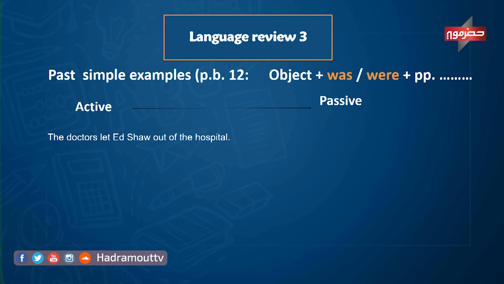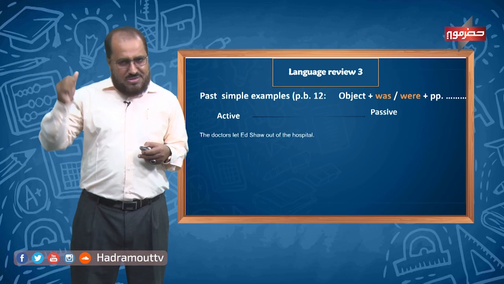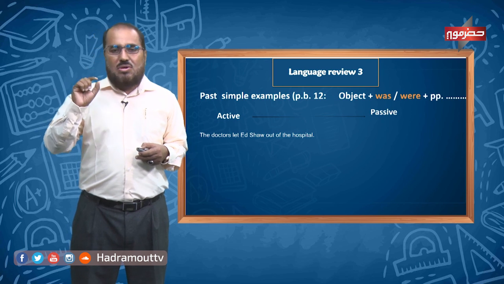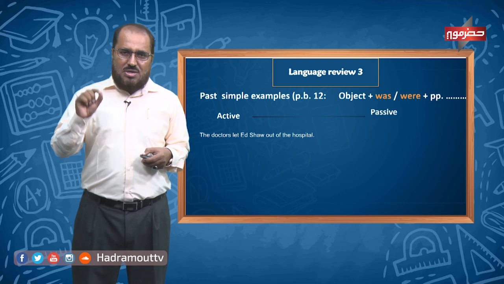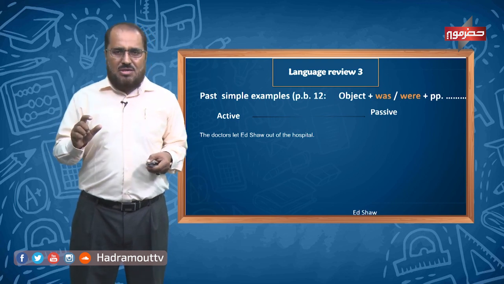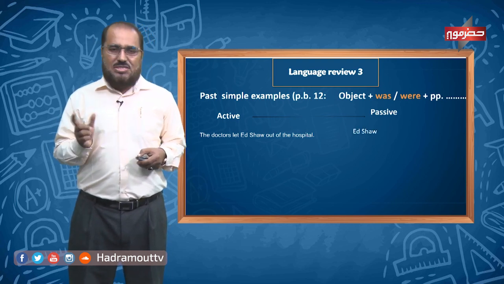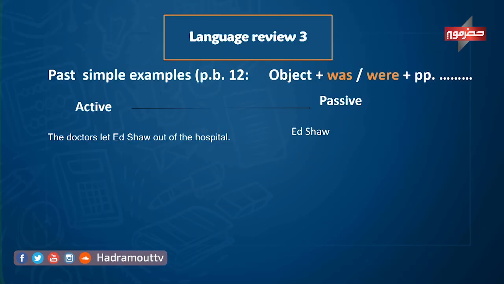Change it into passive. As I said before in the previous lesson, we have to look for the object first, because we are going to start with the object. What's the object? Edie Show. Then what comes after according to the structure here? Yes, verb to be.